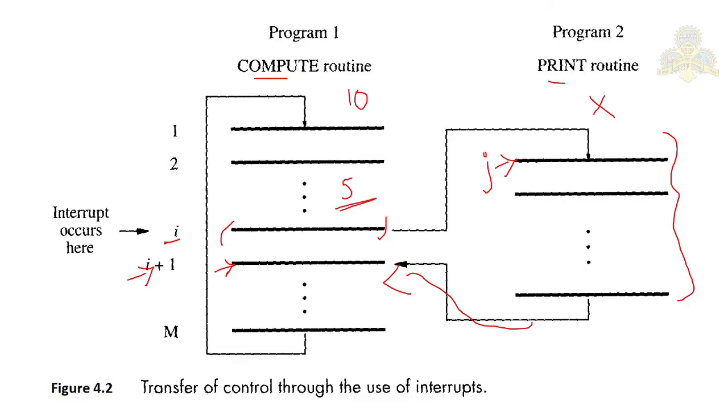We should note that as part of handling requests, the processor must inform the device that its request has been recognized so that it may remove the interrupt request signal. Whenever a device raises an interrupt signal, your processor has to acknowledge that particular device. This can be done with a signal called the interrupt acknowledge signal.